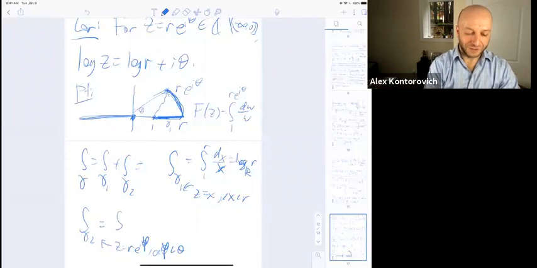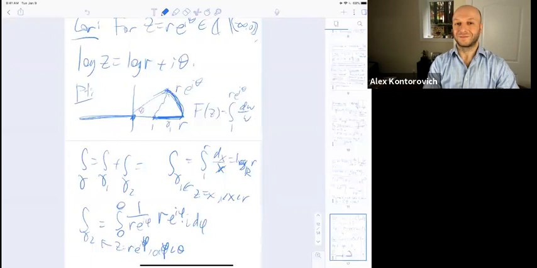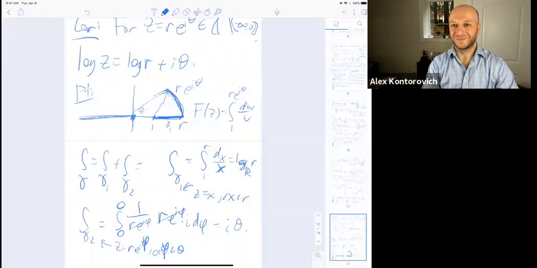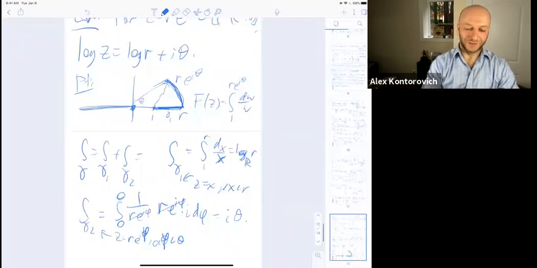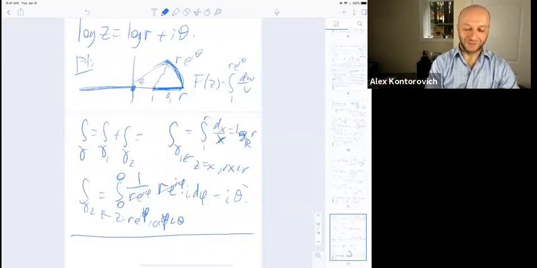So I have an integral from 0 to theta of 1 over z, 1 over r e to the i phi, times z prime, r e to the i phi times i d phi. So on this branch, the sum of this and this is exactly what we wanted.